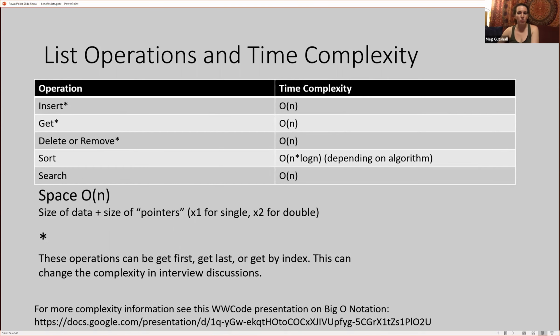Go ahead. I have gone over space and time complexity with some of my friends from Flatiron, and I'm sure you know a lot more about it than I do. But there is a resource that I put in the chat, a Big O cheat sheet, and they have different values than you do.